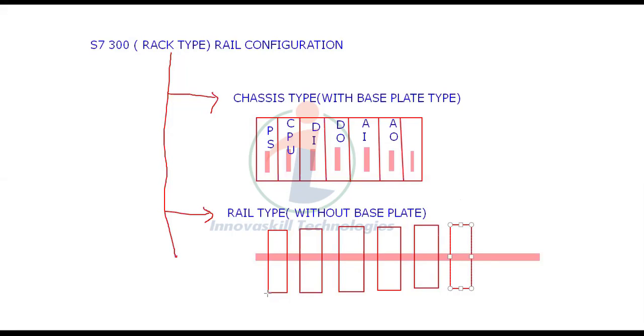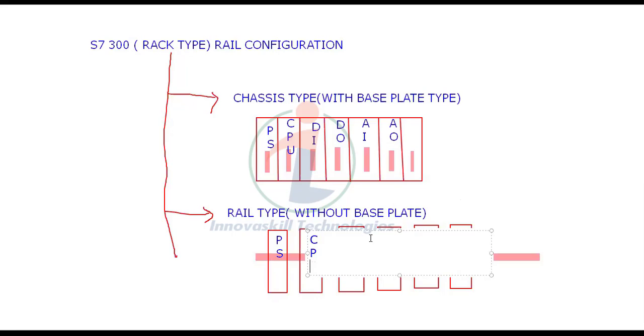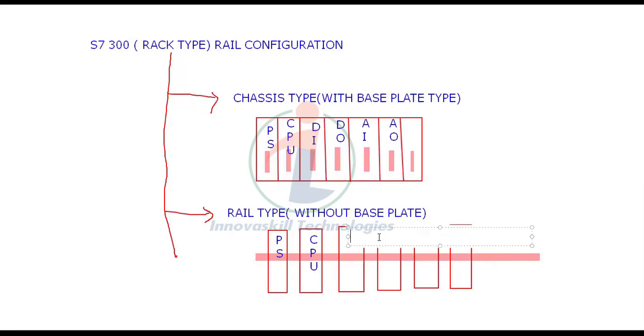So here, first as usual power supply, after that CPU, after that you have IO modules, input output module, for example digital input module, digital output, analog input, analog output.